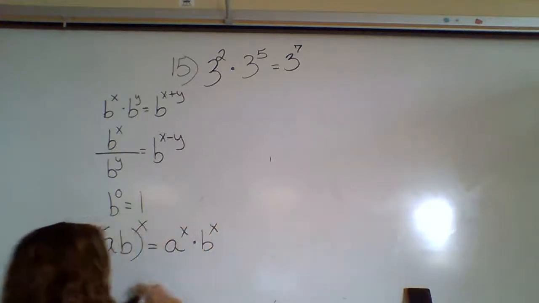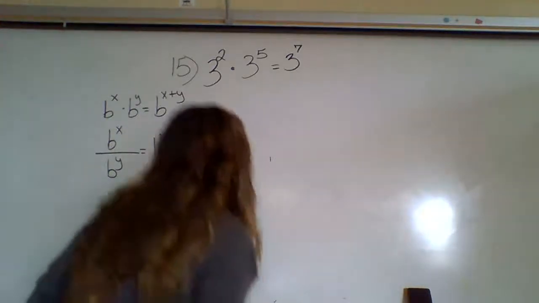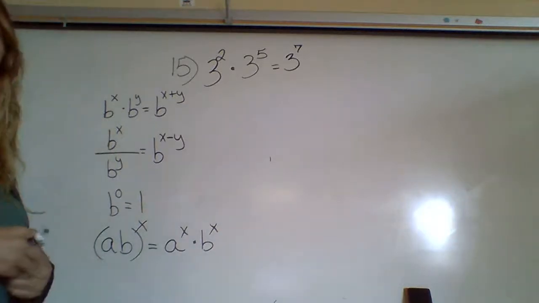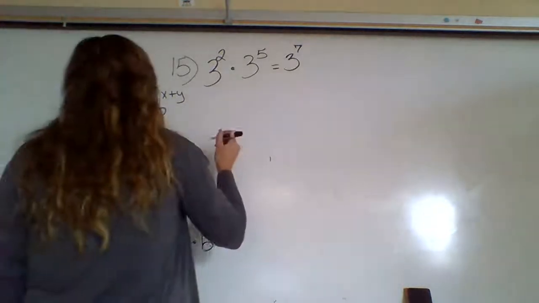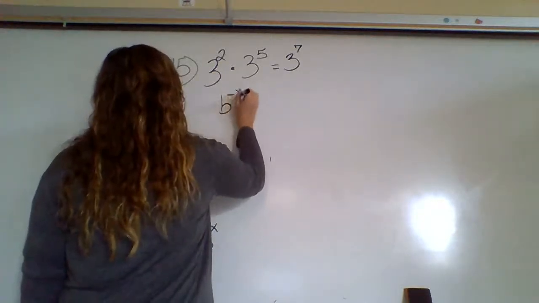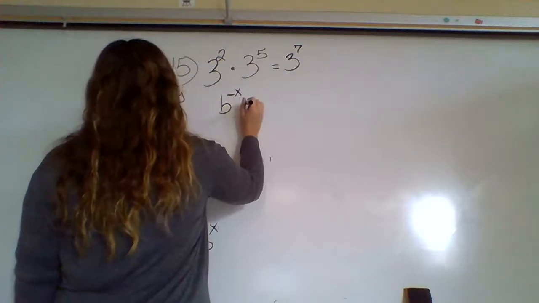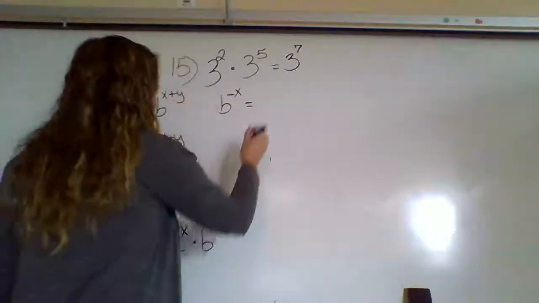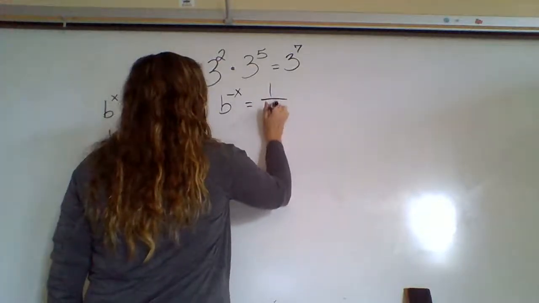All right, we'll go over here. And then you have a negative exponent. Like if you have b to the negative x, that means it wants you to write the reciprocal. So it's 1 over b to the x.